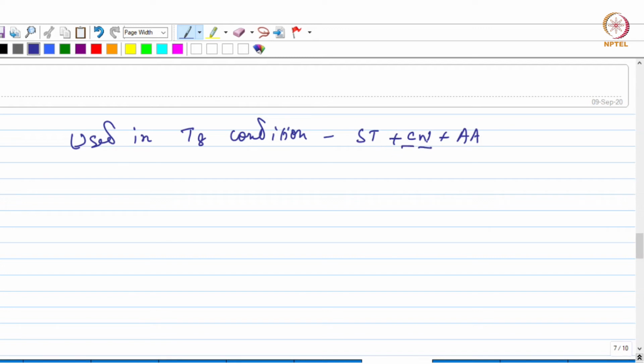And this cold working is given to ensure that you have enough number of nucleation sites for the S prime precipitate to form.